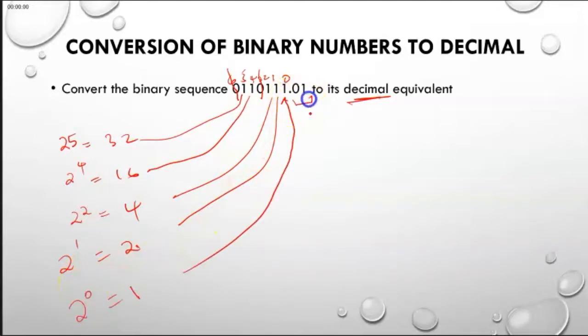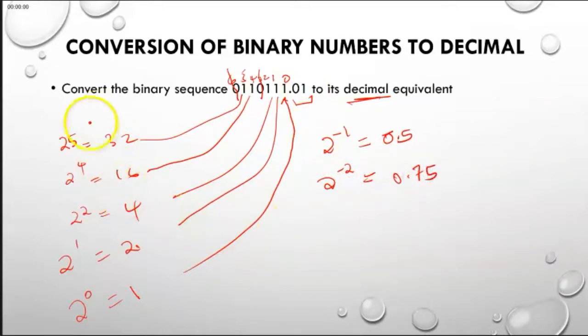For the fractional part, the first fractional position is 2 to the power minus 1, which is 0.5, and the second is 2 to the power minus 2, which is 0.25, so the fractional part is 0.75.